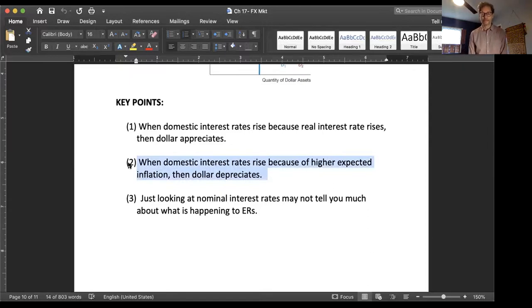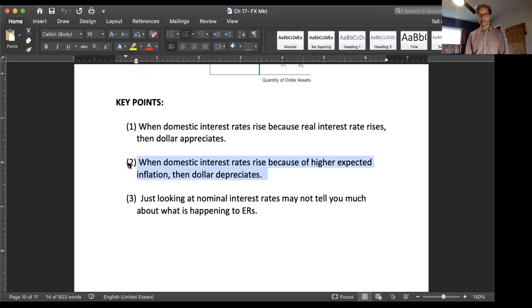What happens if interest rates rise because of higher expected inflation? In other words, it's not the real interest rate that's pushing up the exchange rate, but inflation that's impacting it. In that case, inflation causes the dollar to depreciate, right?